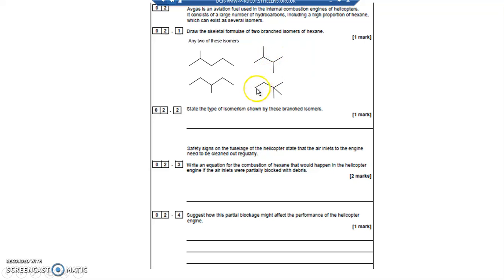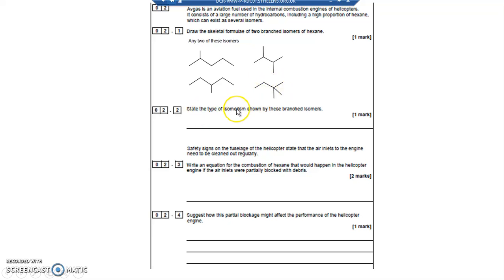And this one, in actual fact, 1, 2, 3, 4, I've got dimethyl butane again. If I start labeling from this end here, so if this is carbon number 1, that ends up as carbon number 2, rather than the other way around. So at carbon number 2 here, I've got 2,2-dimethyl butane on this one.